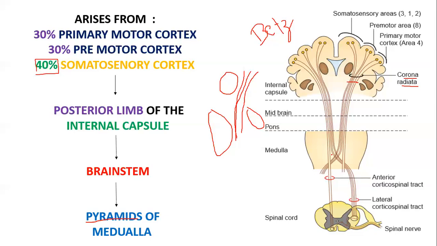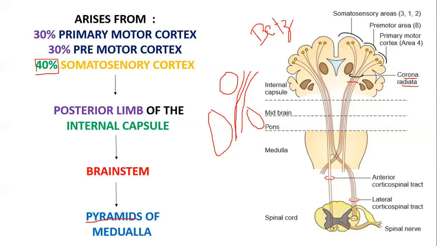In anatomy of medulla, you'll be studying that the pyramid of medulla is an anatomical structure, which means we can easily appreciate this pyramid. It is going to be externally seen. So what is a pyramid? It is this collection of all your tract nerve fibers. It is going to take part in formation of pyramid of medulla.